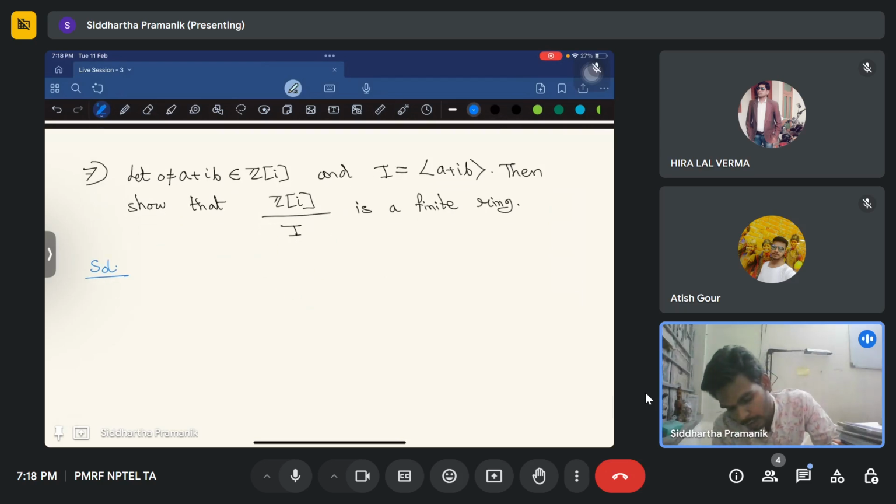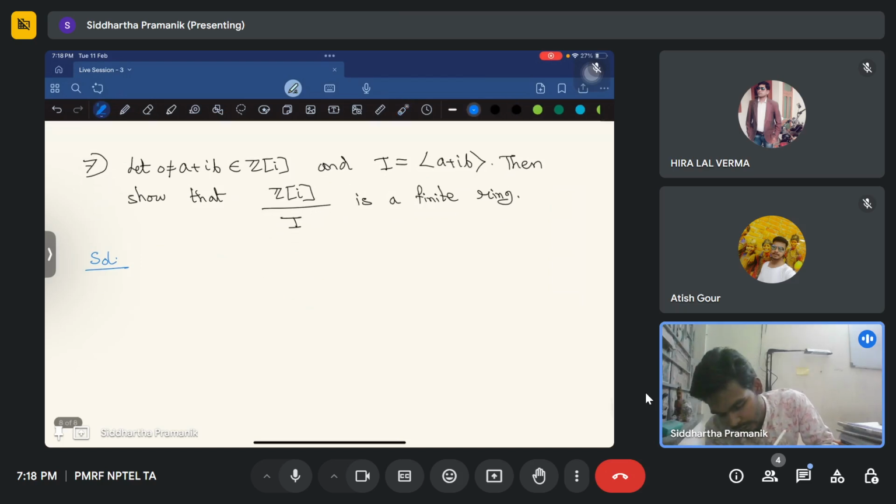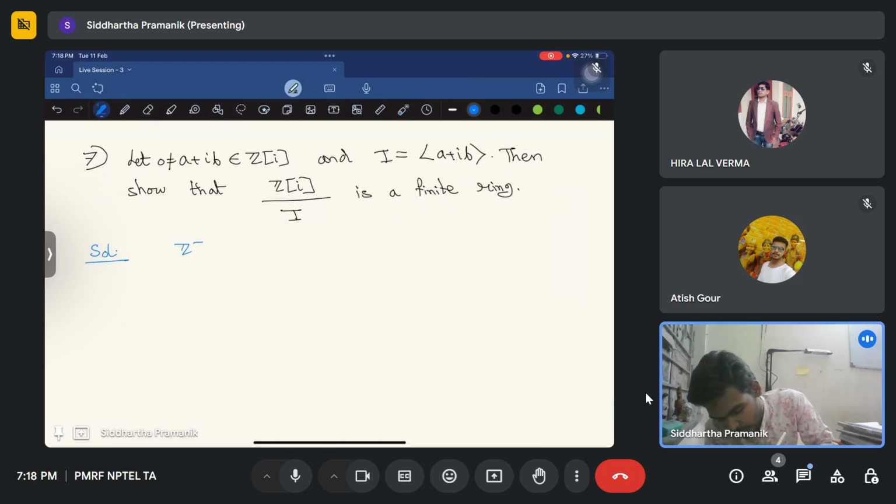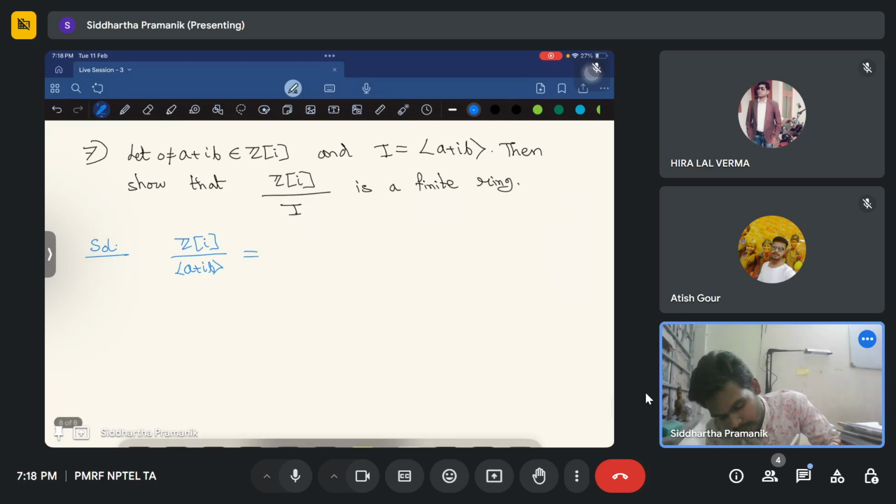Okay, so how do the elements in this quotient ring look? First, try to see that. So Z[i] mod the ideal generated by a plus bi is basically the set of x plus iy plus I, such that x, y are integers.